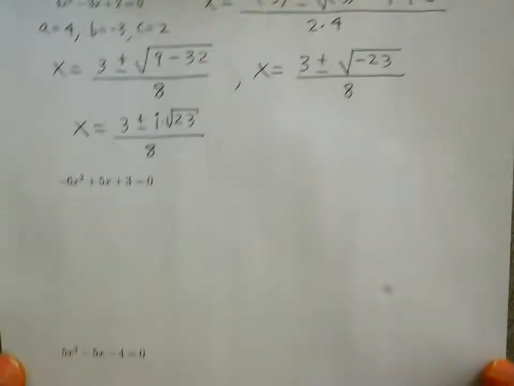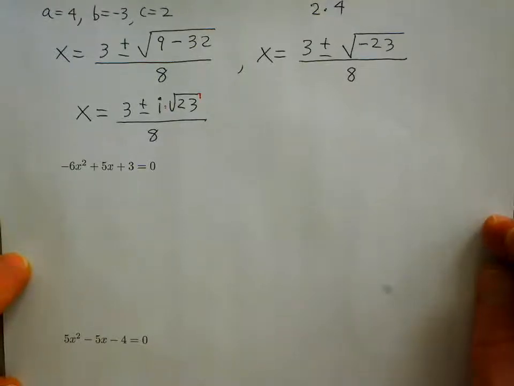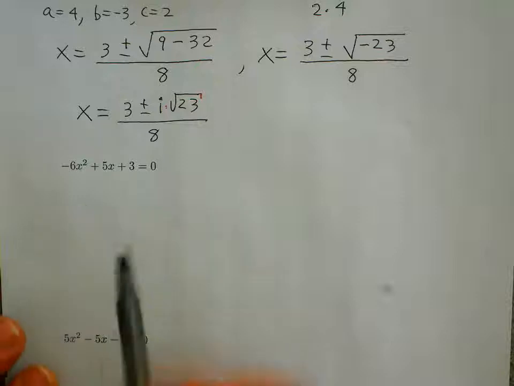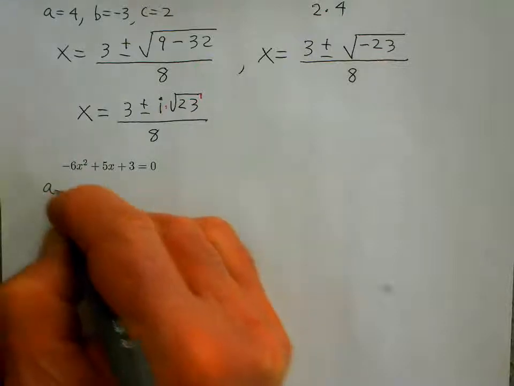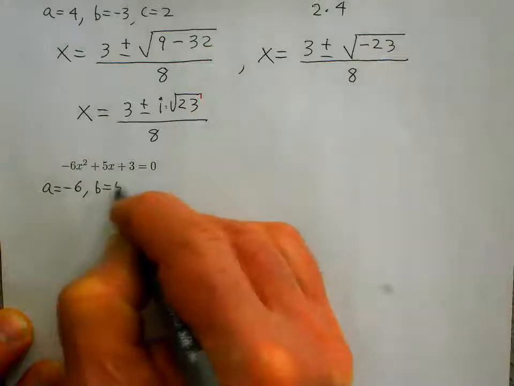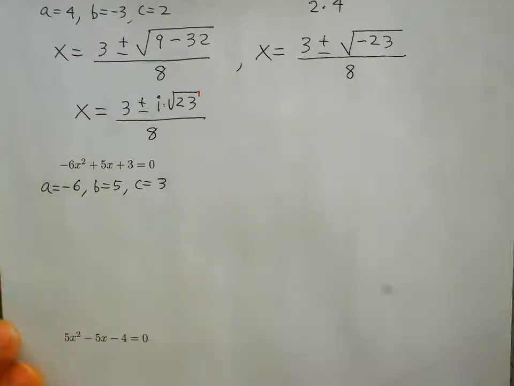Okay, the next example, -6x squared plus 5x plus 3 equals 0. So we can proceed as written using a equals -6, b equals +5, and c equals +3, and use the quadratic formula.